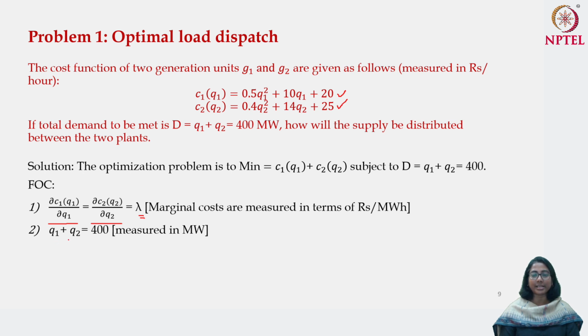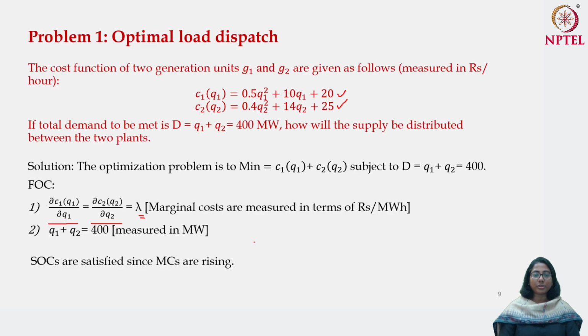This is derived by setting del L del lambda equal to 0. The second order conditions are satisfied because the marginal costs are rising. This small calculation you can do yourself: derive the marginal cost functions, take their derivatives with respect to Q1 and Q2, and see whether they are rising or not.